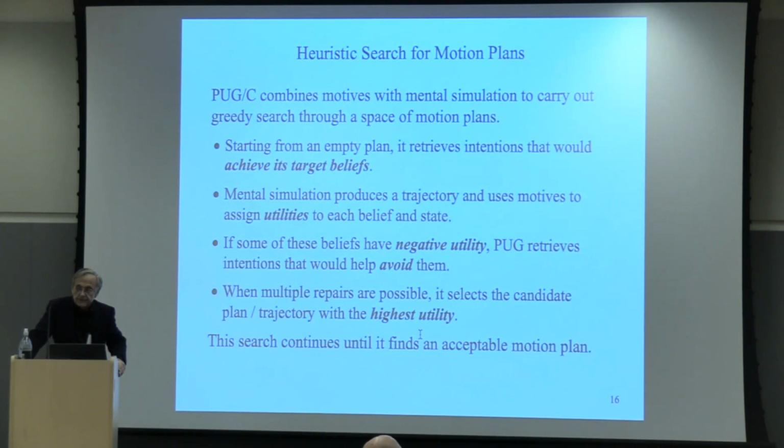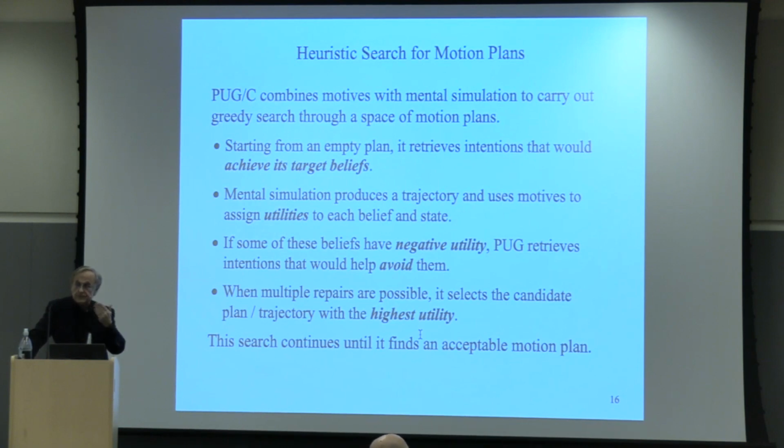So the system can construct motion plans using heuristic search. It combines mental simulation with these motives to guide that search. It starts from an empty plan. It has one or two target relations. It wants to, for example, be at an object and facing it.